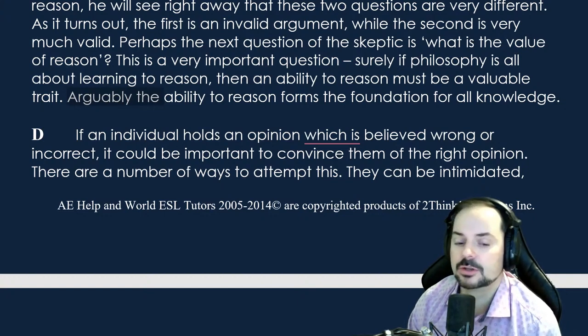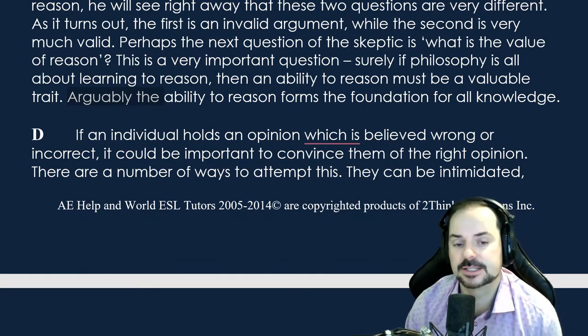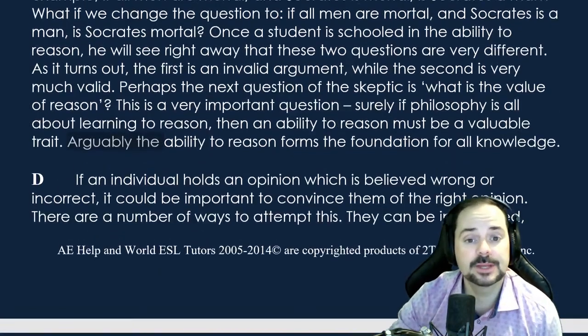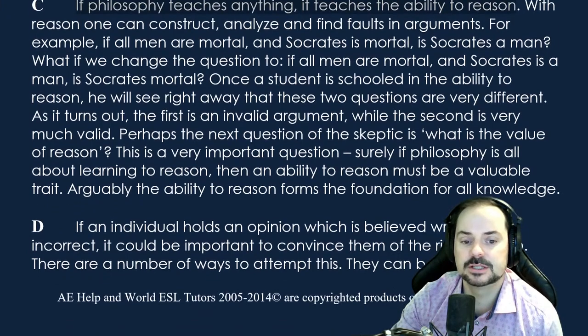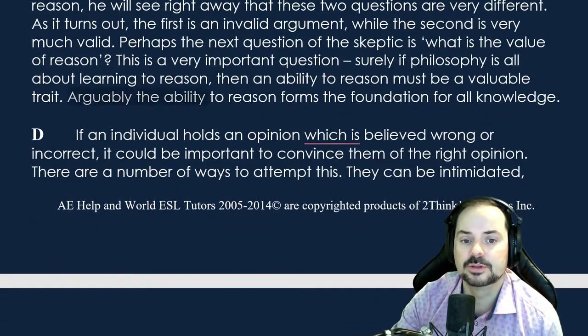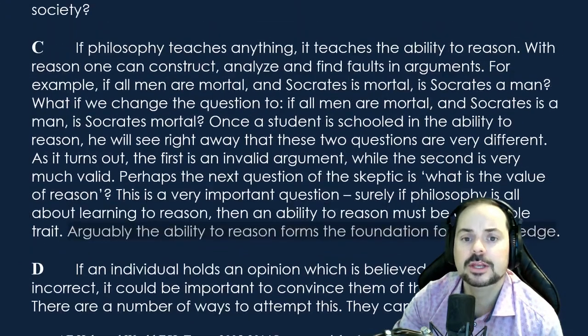It's not the conclusion. The conclusion is the final paragraph. It's the concluding sentence, or the connecting sentence, okay? Now, we notice something interesting right away. The topic sentence is, if philosophy teaches anything, it teaches the ability to reason. The last one, arguably, the ability to reason forms the foundation for all knowledge. Okay, so now we've got it.